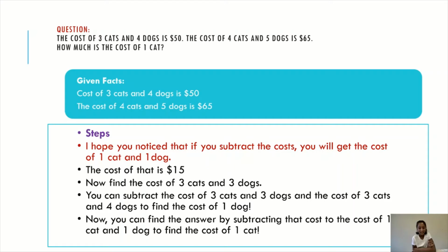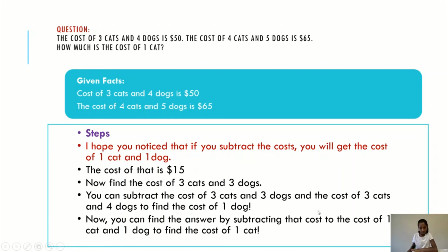Now that you know the cost of 3 cats and 3 dogs, you can subtract the cost of 3 cats and 3 dogs and the cost of 3 cats and 4 dogs to find the cost of 1 dog. So, start subtracting. Remember, the cost of 3 cats and 3 dogs is $45.